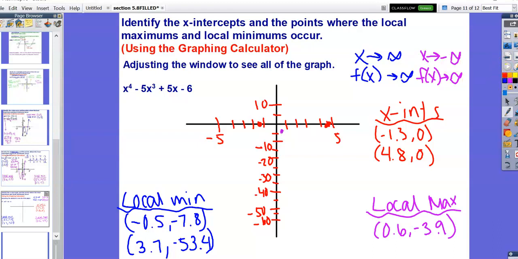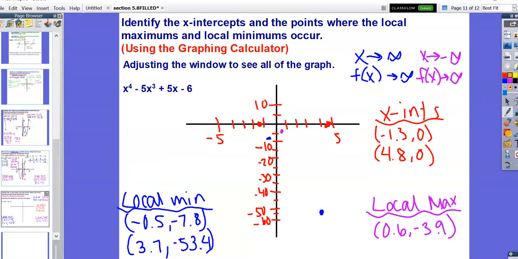And then for the local minimum, we have -0.5, and then -7.8. So right about here. And then our other local minimum was the one that was way down, almost at 4, and then -53.